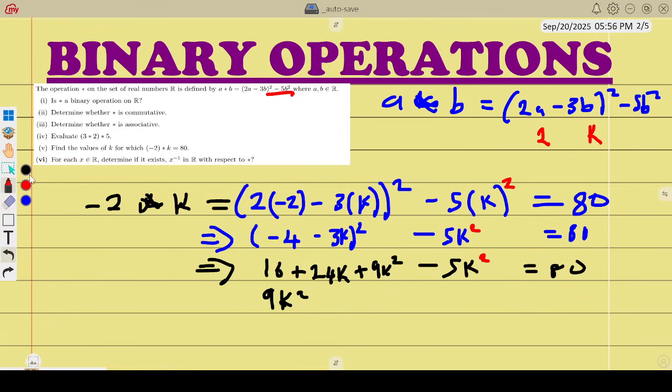Meaning we can write the like terms. So 9k squared minus 5k squared, and then plus 24k, and then 80 comes to the other side, minus 80.